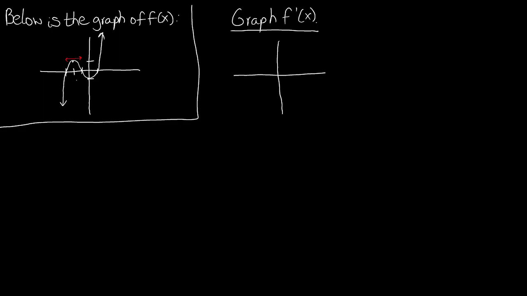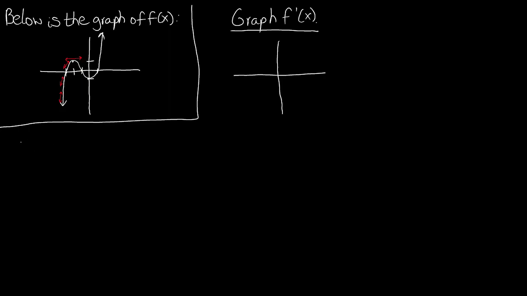Everything to the left of -2, starting down here, has very steep positive slopes, and as we get closer to -2, those slopes taper off and get less and less positive until we finally hit a slope of 0. Let's take that note down.